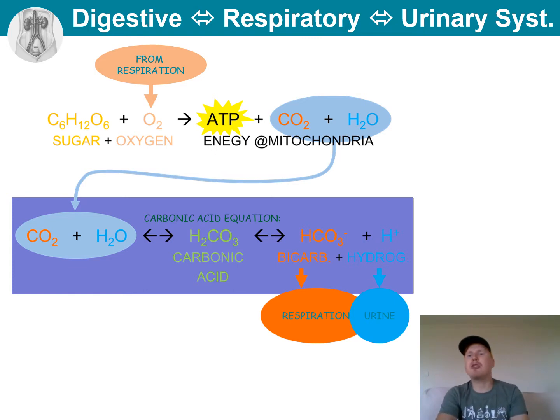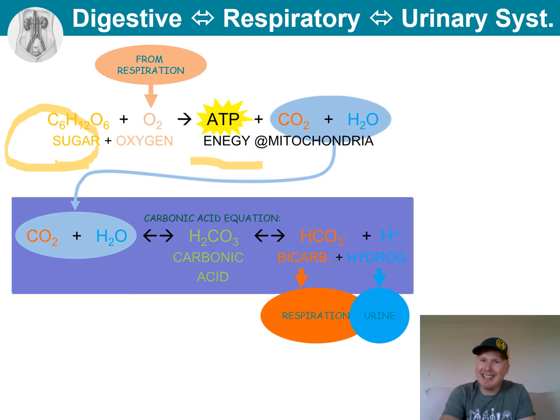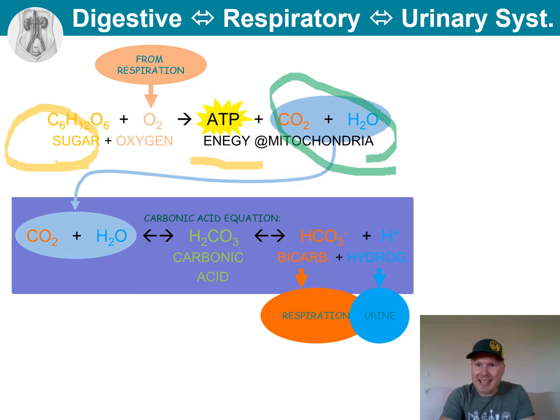We saw how systems were interlinked, working together to enable us to turn sugars into energy and then getting rid of the waste products that resulted from this process. In this case, it's the excess hydrogen, and the urinary system will play a major role in getting rid of it as part of this process.